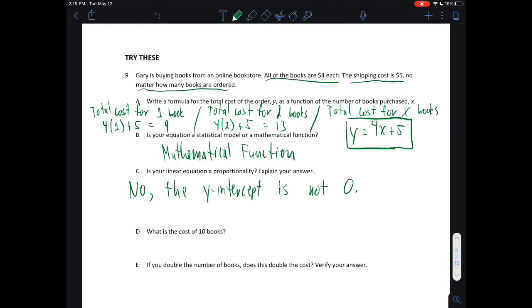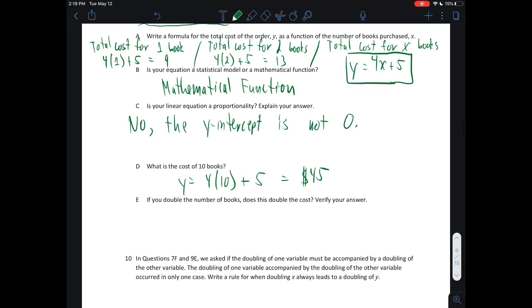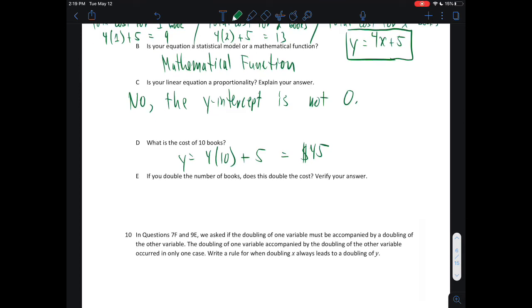Part D, what is the cost of 10 books? Well, that would just be $4 per book times 10 books plus $5 for shipping. That gives you 40 plus 5, which is $45. Part E, if you double the number of books, does this double the cost? We already saw that was not true, so no. And what's a reason for that?